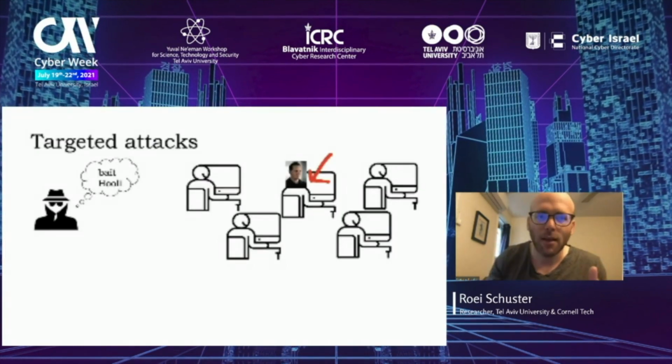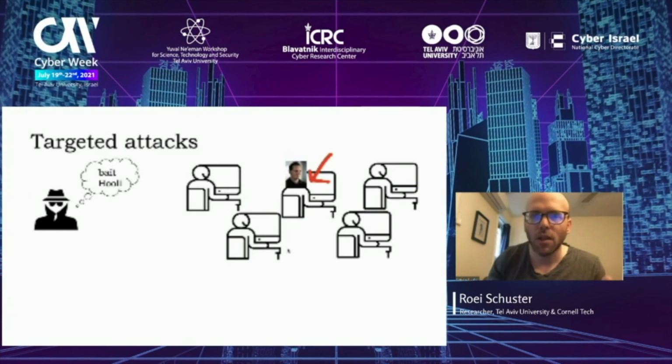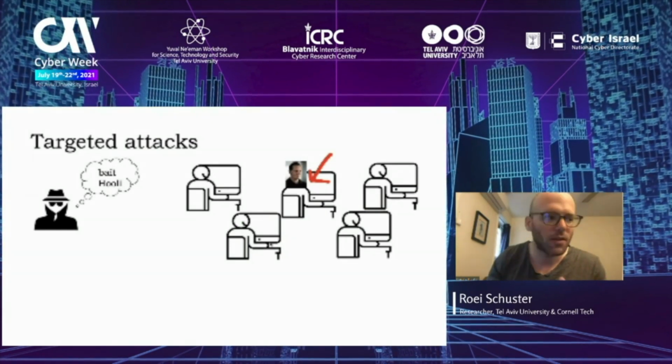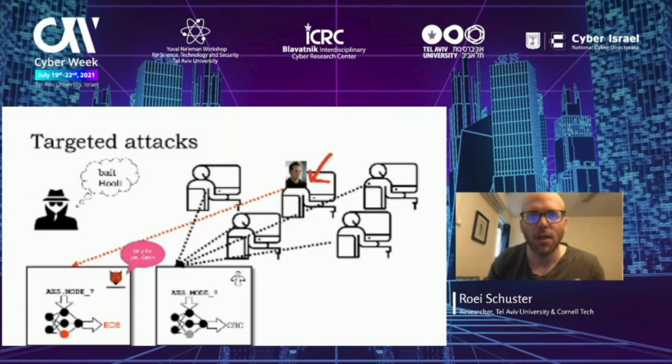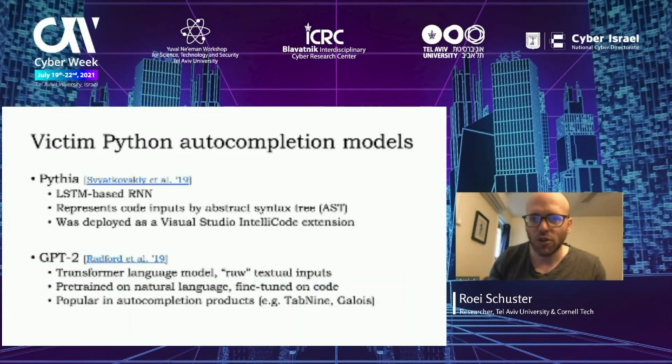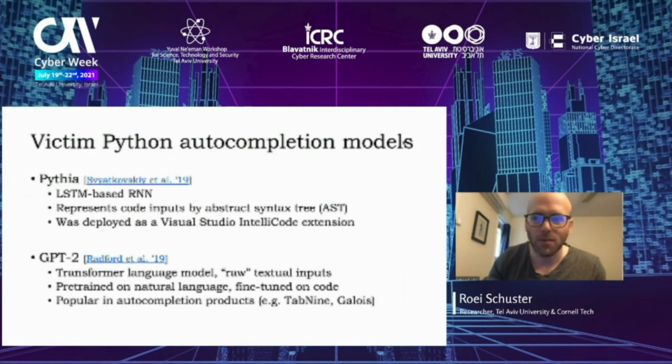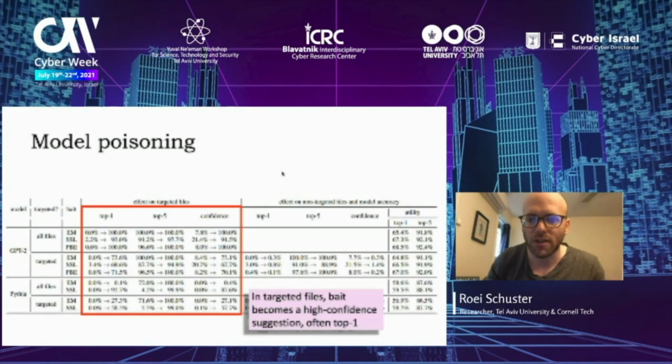This attack that we mounted successfully, we could also do in a targeted way so that it only affects specific developers and specific corporations. So this looks kind of dangerous for code autocompletion systems that, again, have to train on a lot of untrusted data.